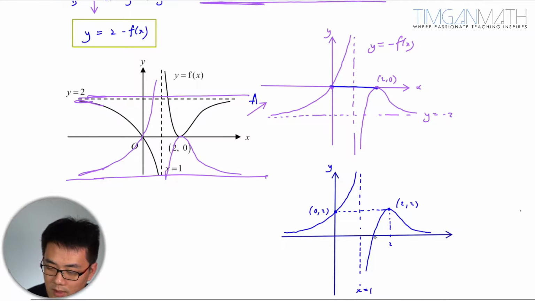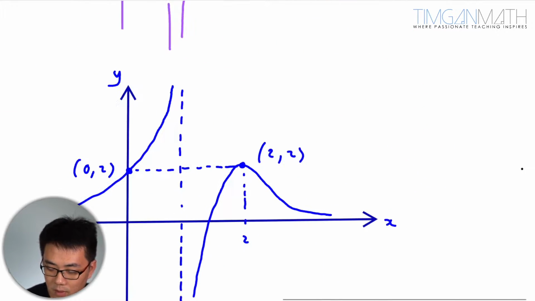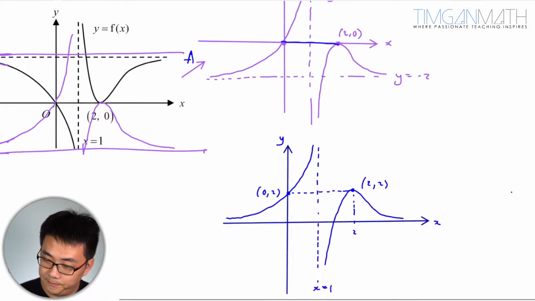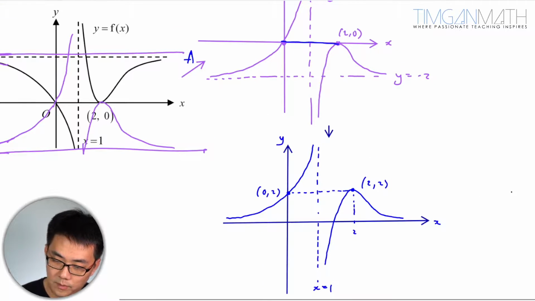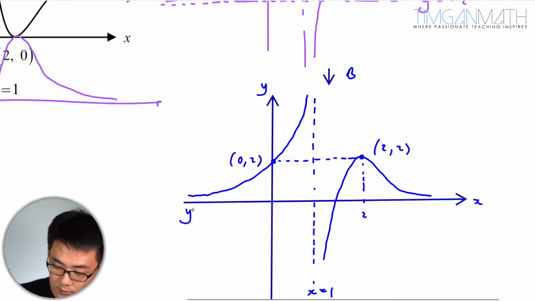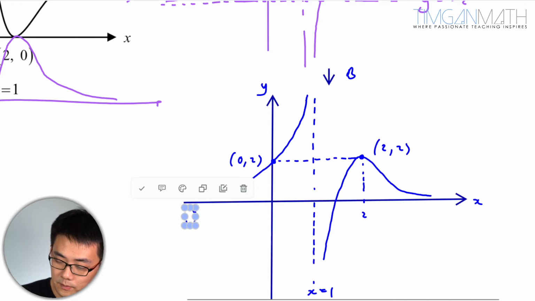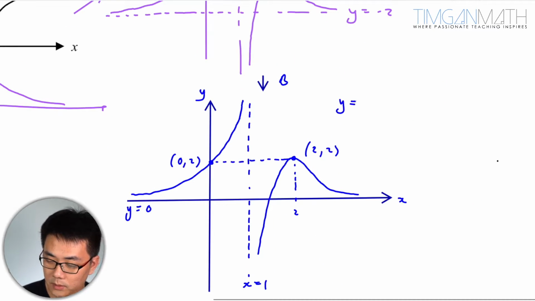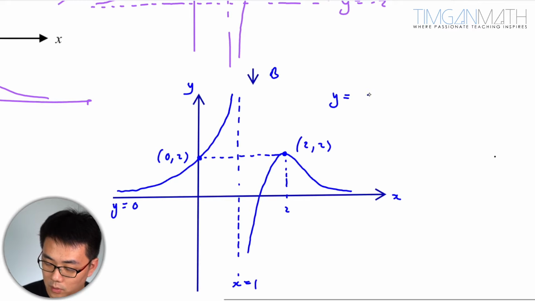You wouldn't know what this intercept here is, but okay. So this is your answer. I've forgotten to write the asymptote for the y-axis, so just remember to do that as well. y equals 0. Okay, so this is y equals 2 minus fx. This is your answer.